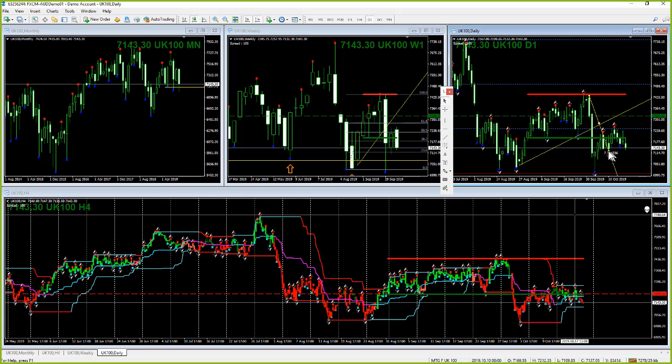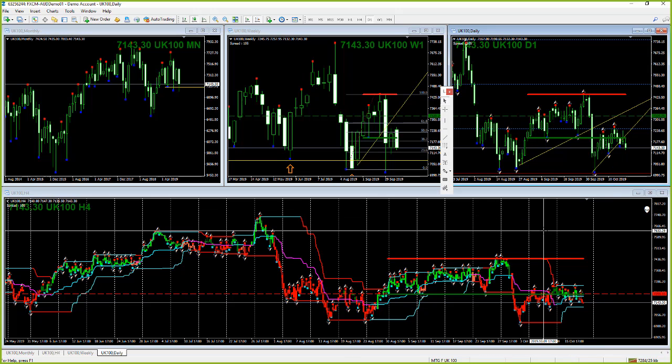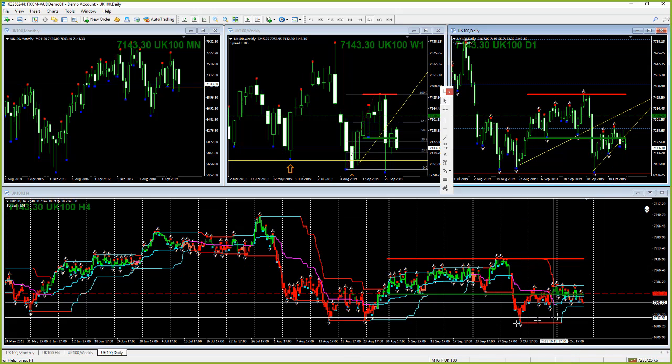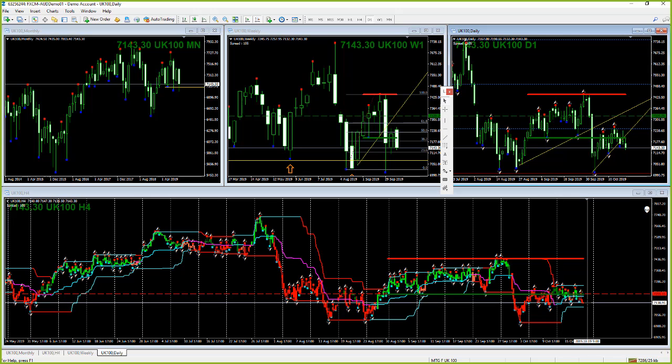So there it is. There's a perfect sell scenario tonight when the London market opens. But this could be affecting a lot of what could happen with that.